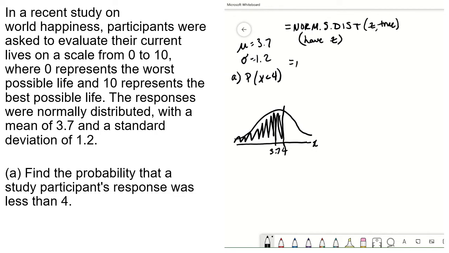Or if you want to use it in x's, you could use norm.dist. You would have to enter your specific x value that you're finding, your mean, your standard deviation, and then the word true. And this is if you're going from an x.